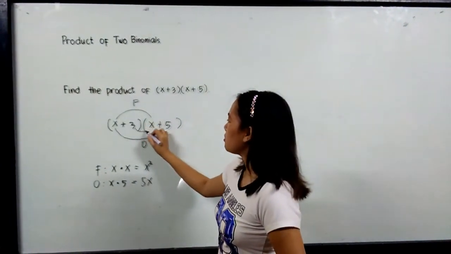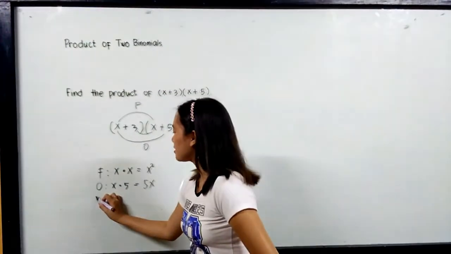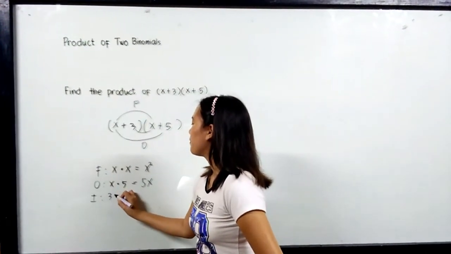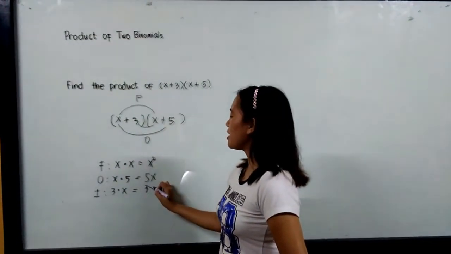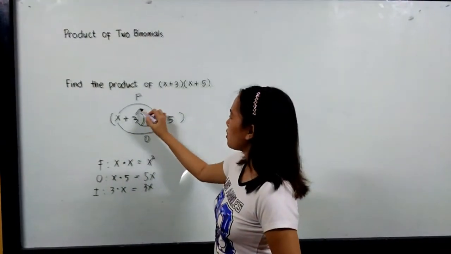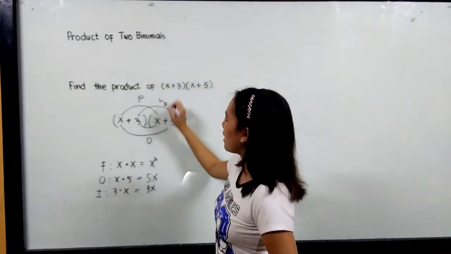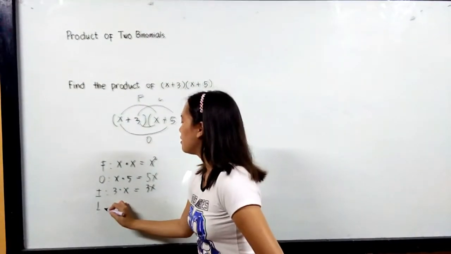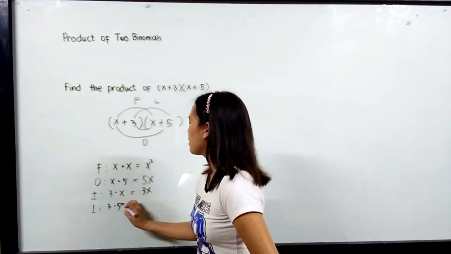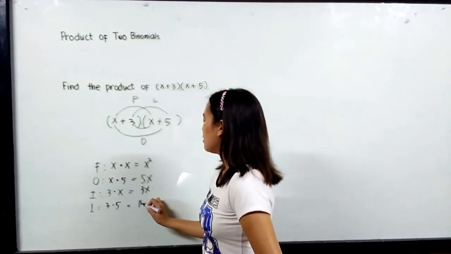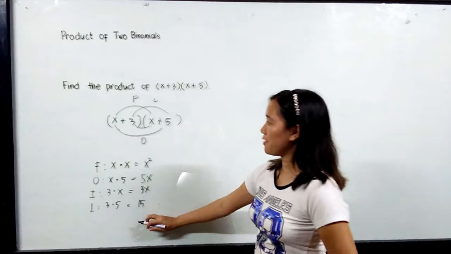Our inside terms are 3 and x, so 3 times x is 3x. And our last terms are 3 and 5, so 3 times 5 is 15.